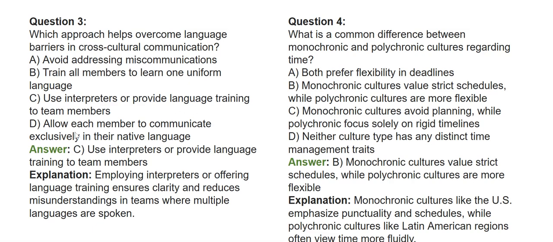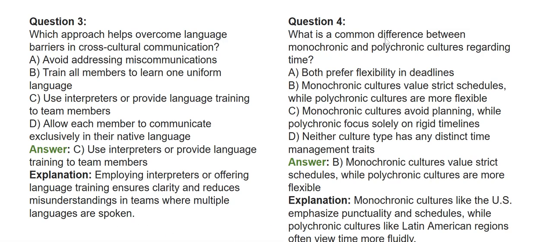Or D, allow each member to communicate exclusively in their native language? So definitely it's C, as employing interpreters or offering language training ensures clarity and reduces misunderstandings in teams where multiple languages are spoken.